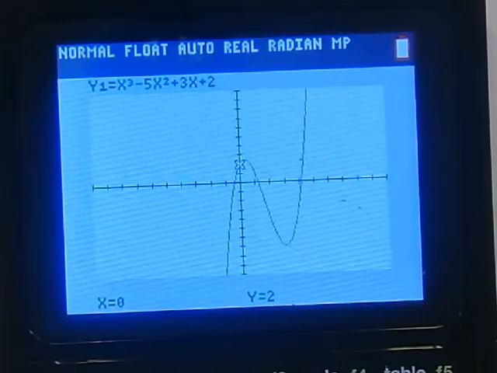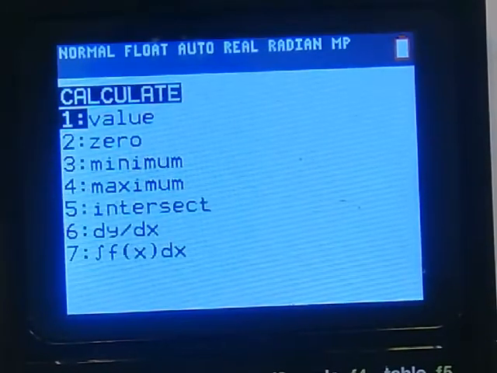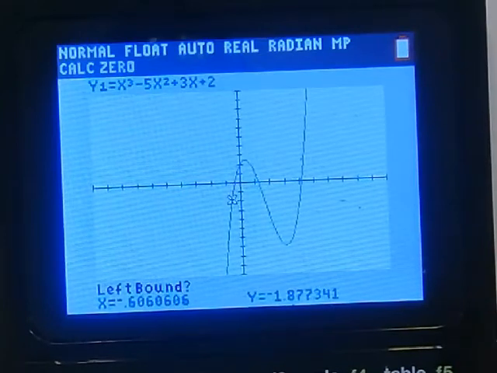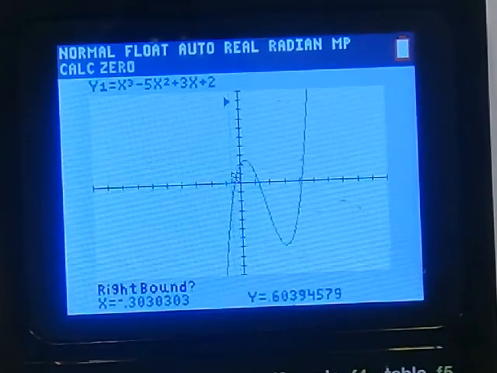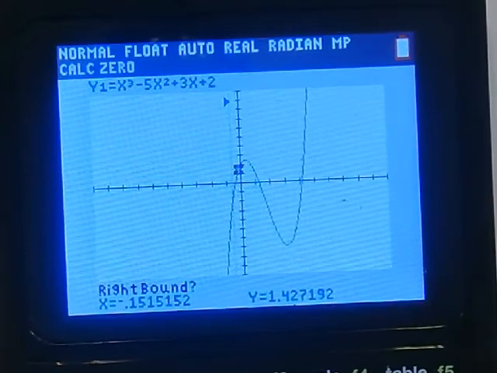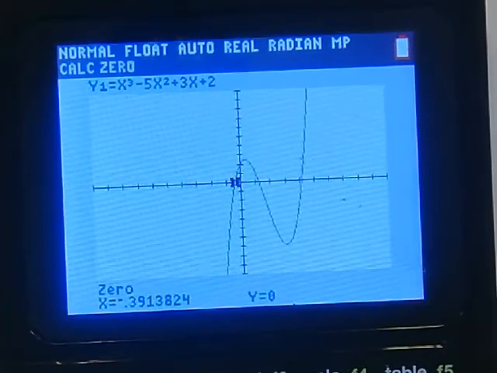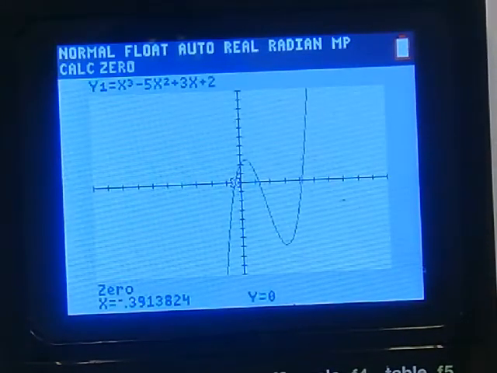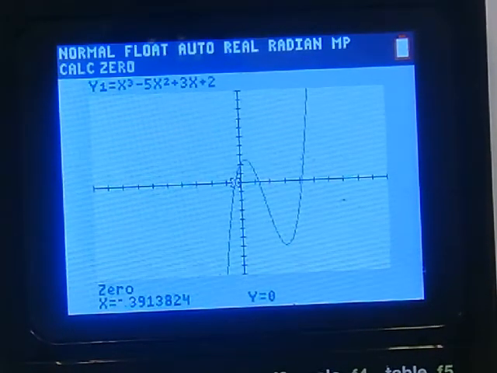All right, now let's find the zeros. So second calc, zeros. I'm going to hit number 2 here. Let's find the first one. Put your cursor to the left with the arrows. Hit enter. Move it to the right of that crossing. Hit enter again and hit enter one more time. And looks like we have a 0 at (-0.4, 0).